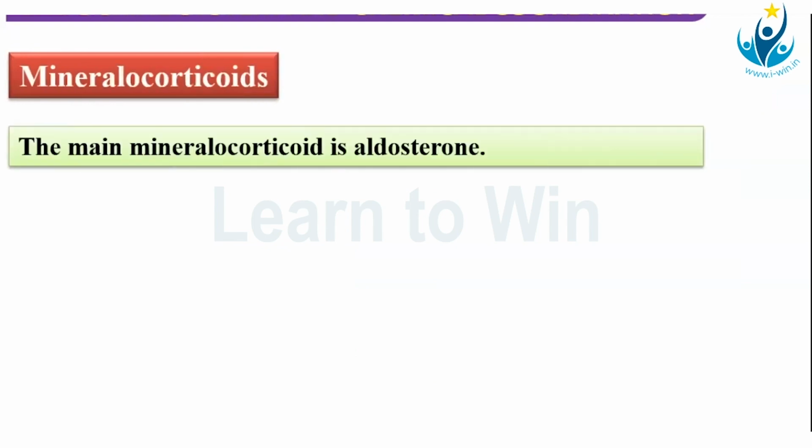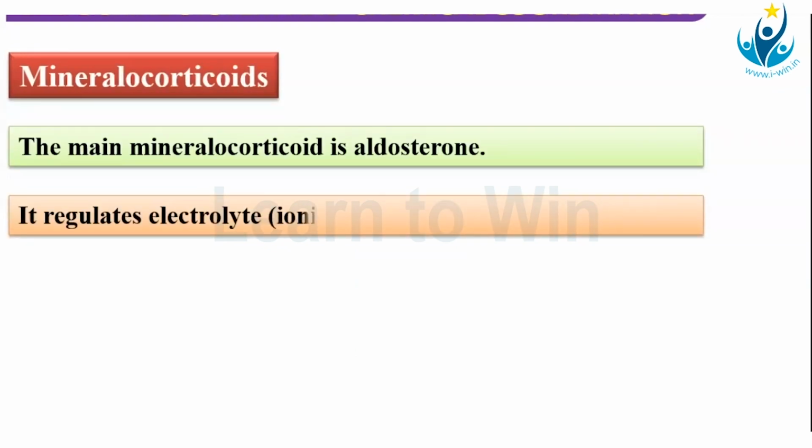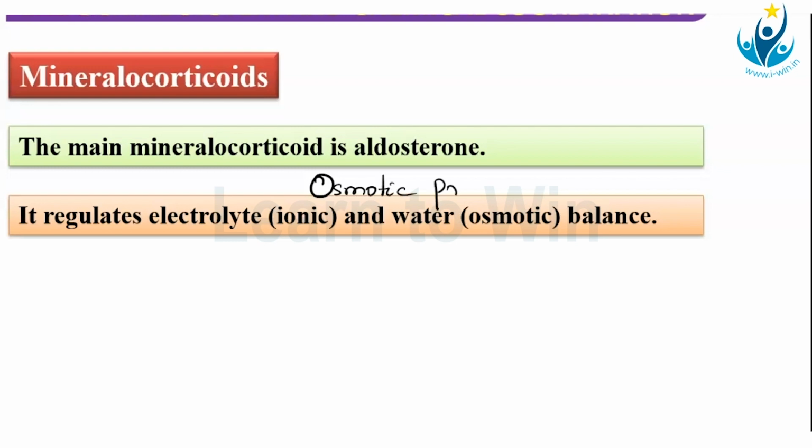The main mineralocorticoid produced is aldosterone. Aldosterone is used to maintain electrolyte and water balance. It is useful in maintaining the osmotic pressure in both blood and urine.